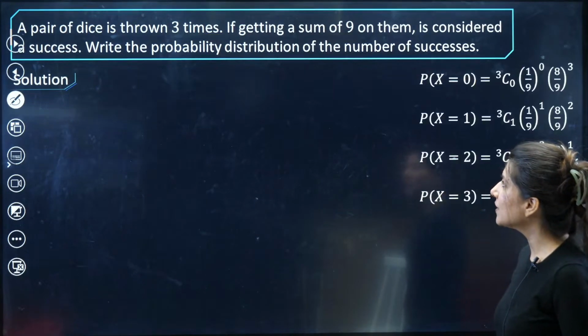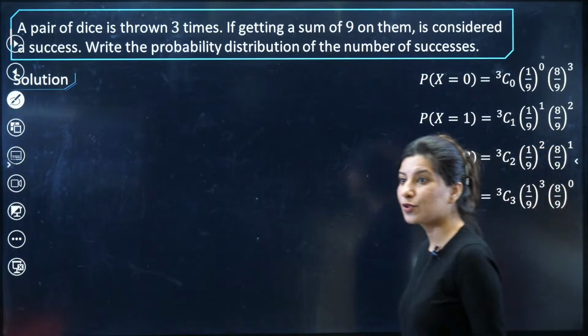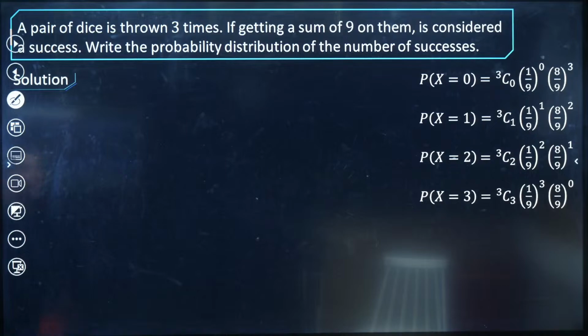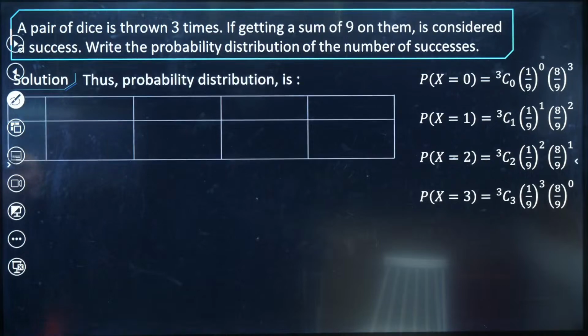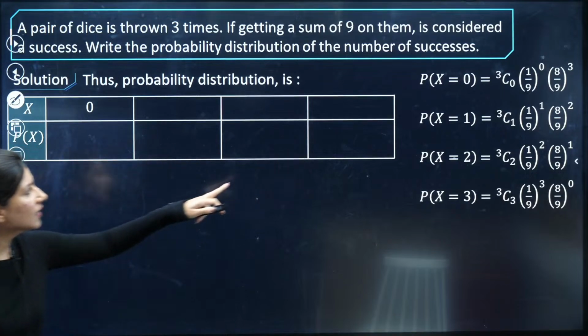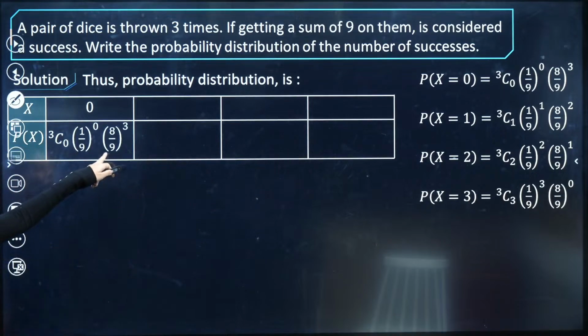Now what we need to do is write the probability distribution. For that I need to make a table, random variable x and probability. When x is 0, my probability is 8 cube by 9 cube.